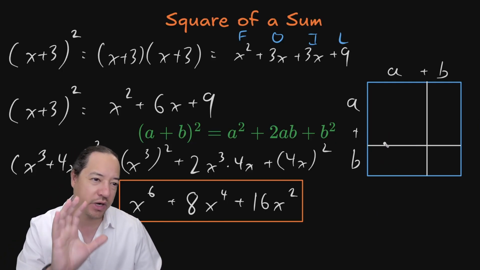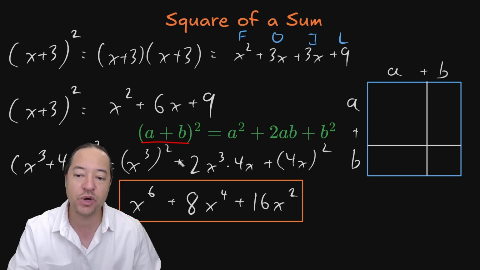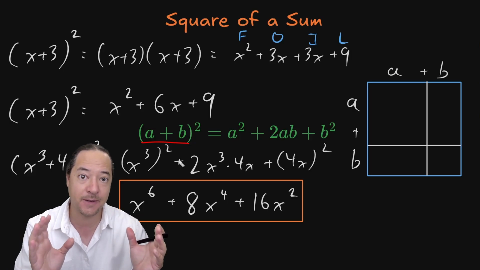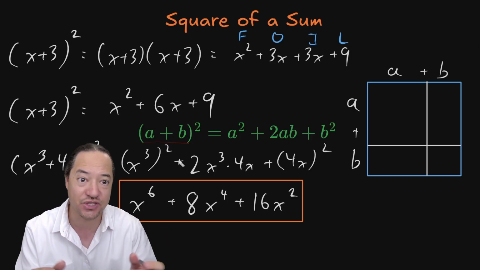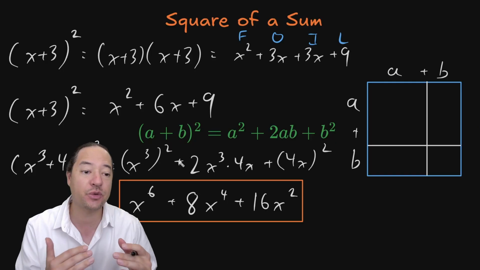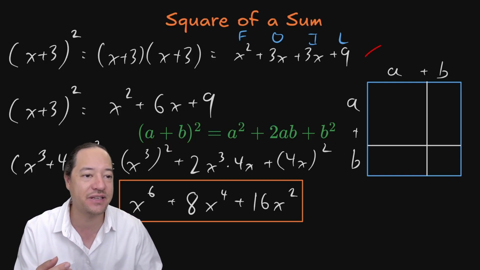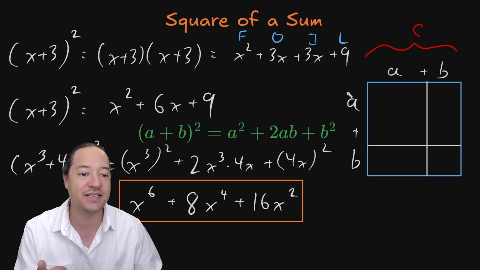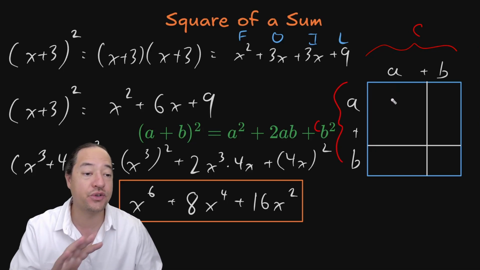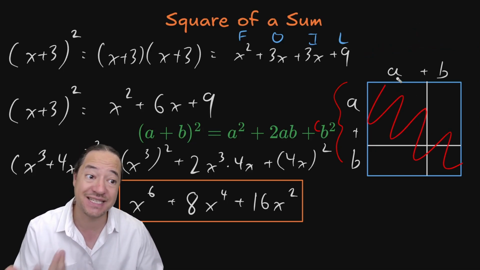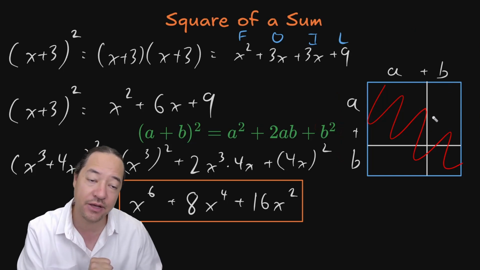So I hope you see what I'm saying here. A plus B squared, if we think of A and B as just some integer or some natural number, then that's just going to be a length of whatever, length C essentially, right? This entire thing is of length C, and we're taking C squared, so we're going to get the area of this square. But C is A plus B, so we can break it down that way.